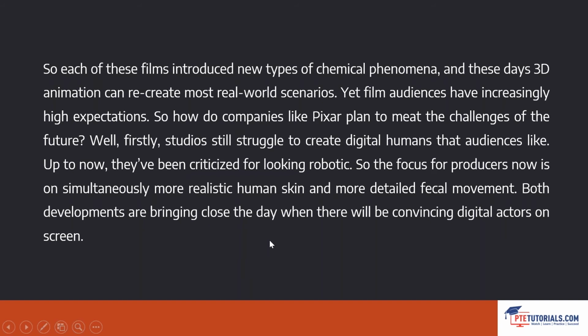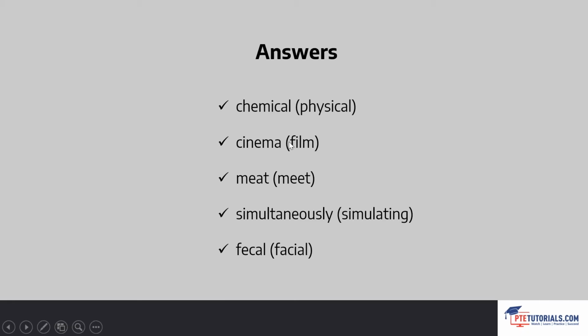So the answers are chemical instead of physical, cinema, film, meat, meat. It is MEAT, meat is written there, but it is meat. Okay, and if you don't select these and you think that you've selected all the answers, your reading score will be less when you see your result.